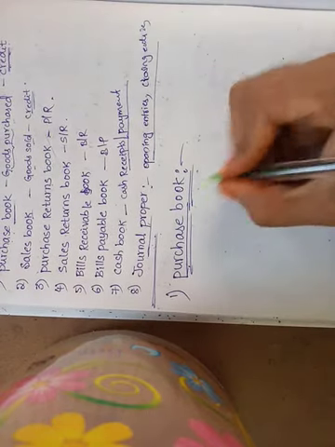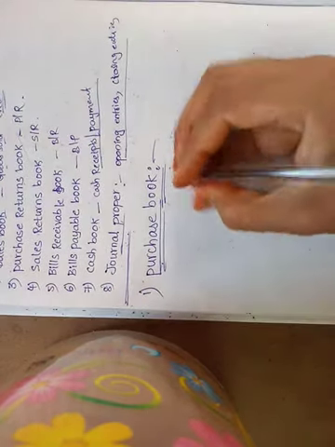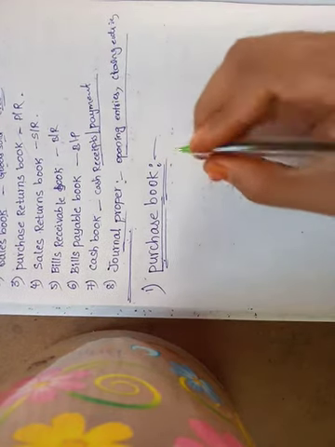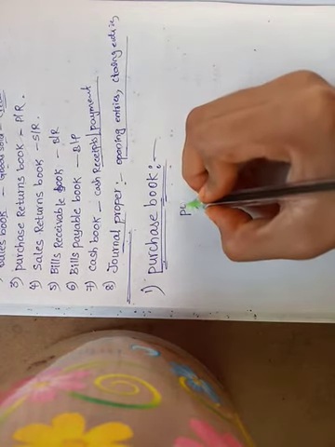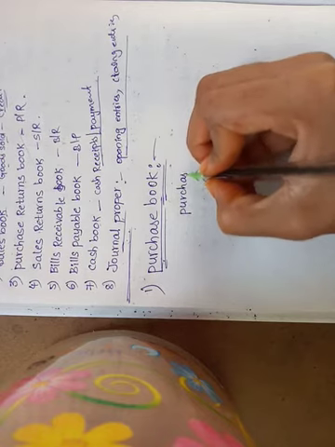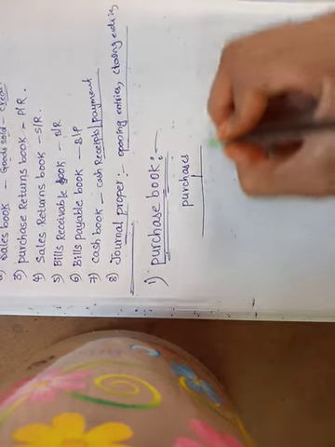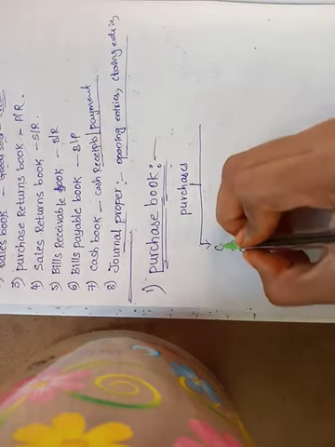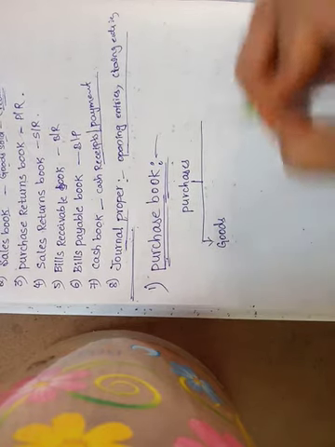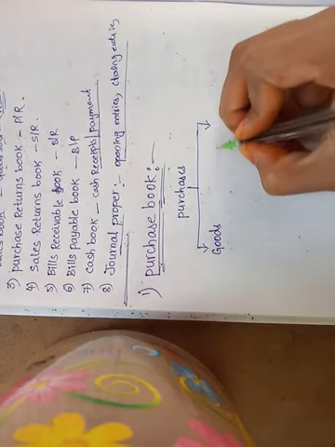Before going to the definition, I will explain one thing. Purchases are divided into two types: one is purchased goods and the other is purchased fixed assets.